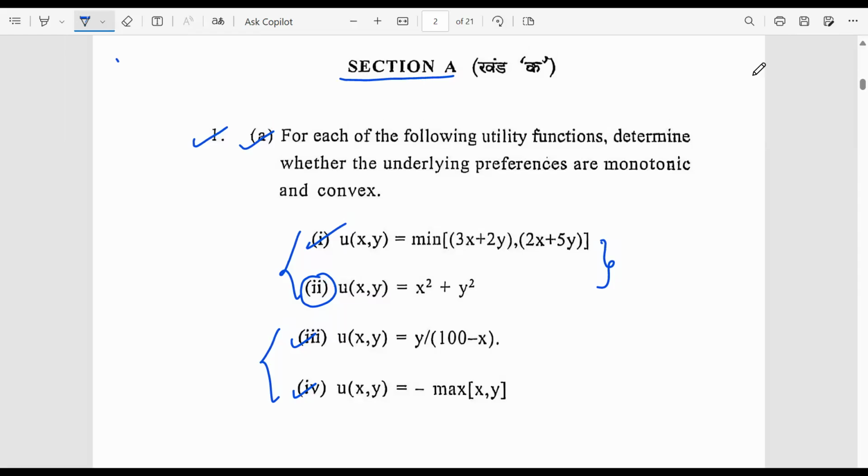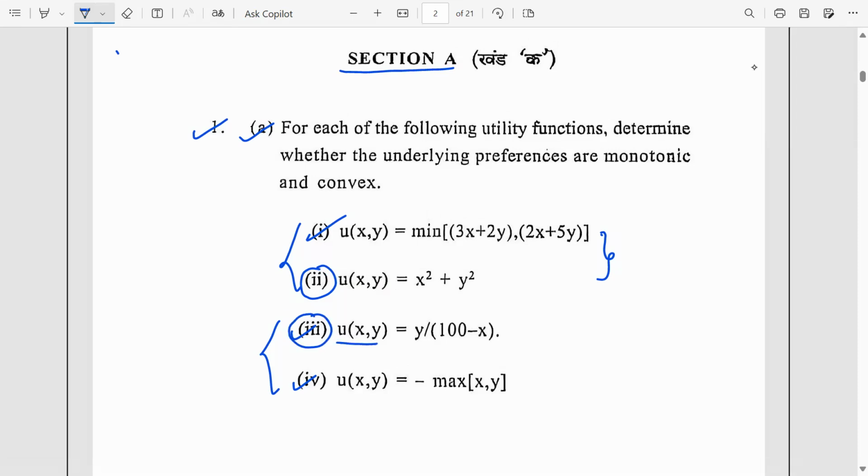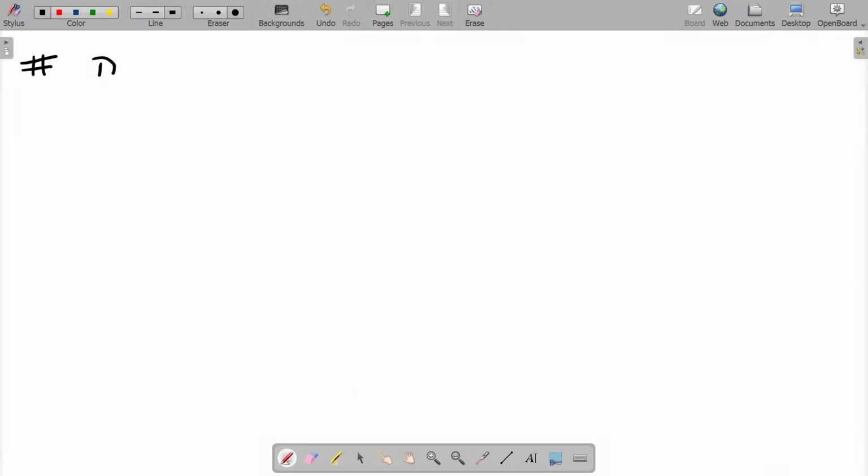So let's look at part 3. The utility function is y over 100 minus x. Let me quickly come to the whiteboard and let's check whether the utility function in part 3 is monotonic and convex. I'm just writing the main heading for clarity: Delhi University Exam 2024.